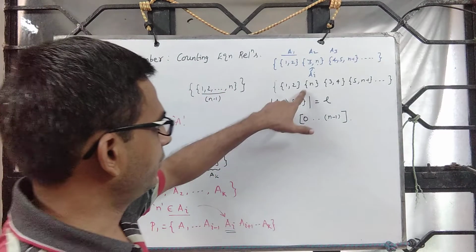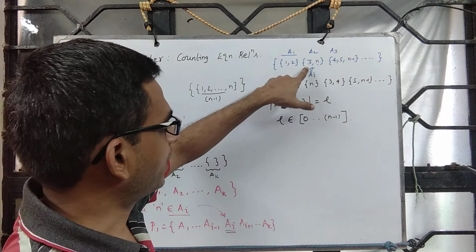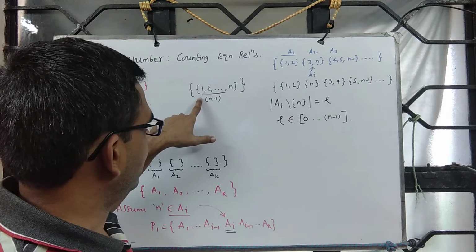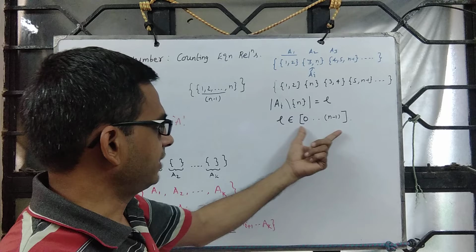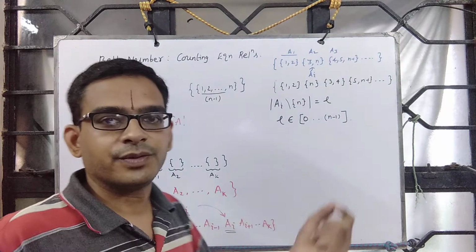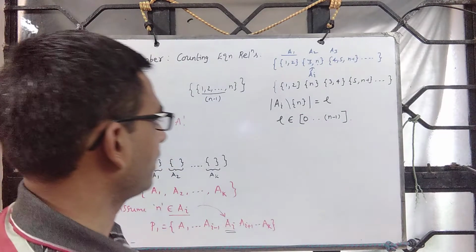L can take 0, or it can take 1, or it can take all the way up to n minus 1. So the range of L is from 0 to n minus 1.